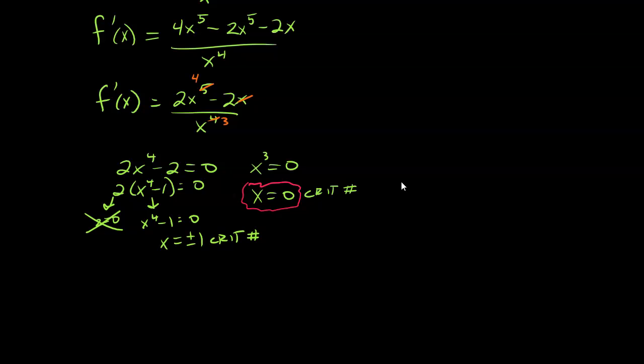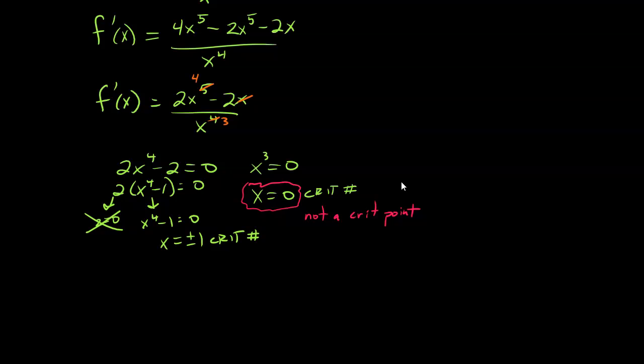This is not a critical point, though, because if you plug it in the original function, you get divided by 0. So it's only a critical number, and it's only going to be used to separate out increasing and decreasing sections. So you can have critical numbers that aren't extrema, but every extrema comes from a critical number.